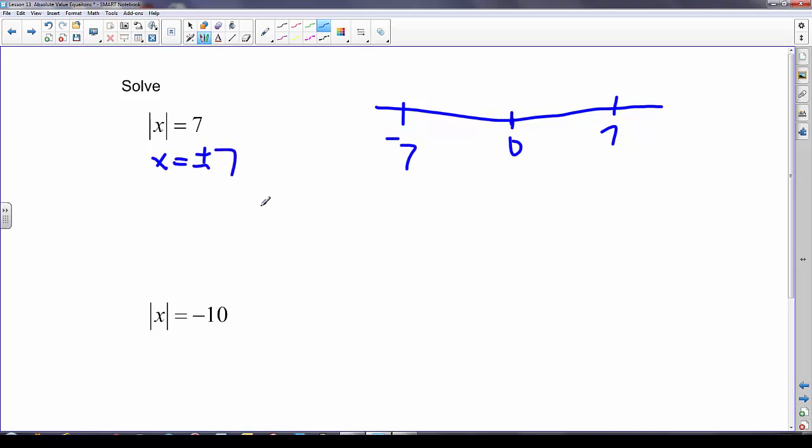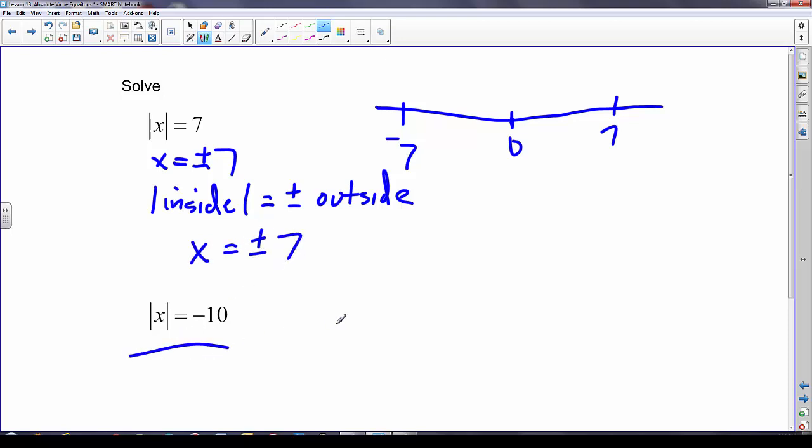And one way I like to think about it is if I take the absolute value of whatever's inside, it could be an x, it could be a whole bunch of stuff, that is equal to the plus and minus value of the outside. So in this case, the absolute value of the inside, that's x, is equal to plus or minus 7.